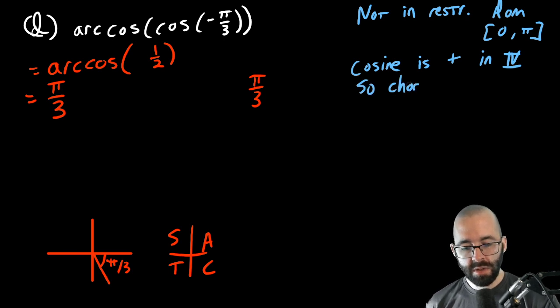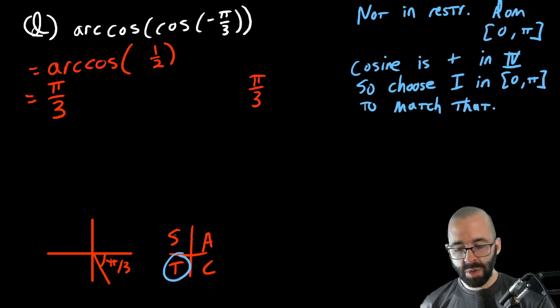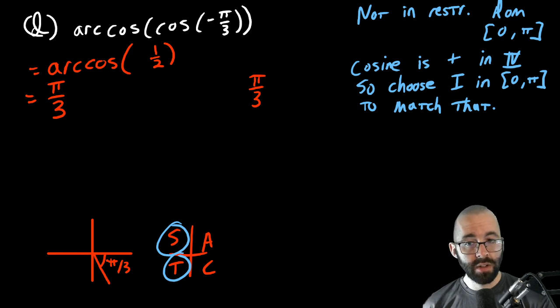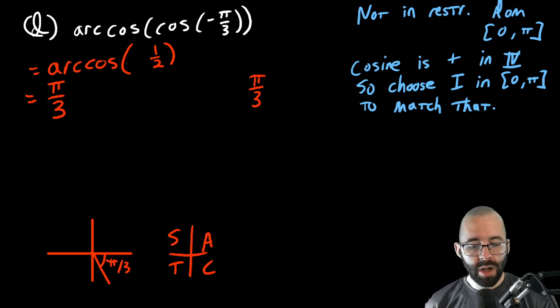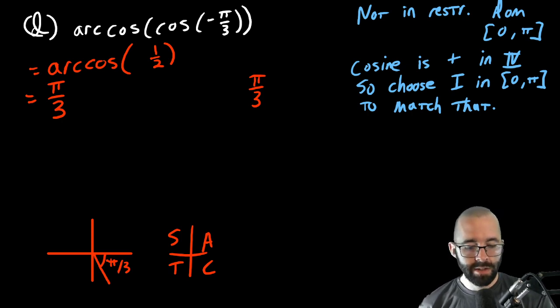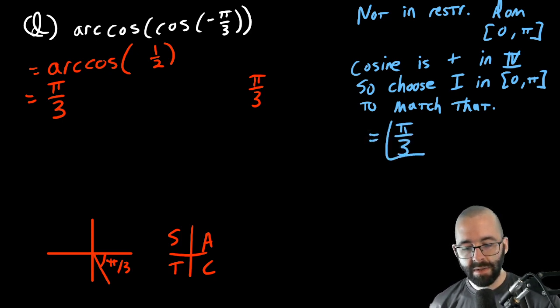So we choose quadrant 1 in the restricted domain to match that. If we had something in the third quadrant, we'd choose quadrant 2 in the restricted domain. So it's just, what angle in quadrant 1 has the same reference angle? And the answer is pi over 3.